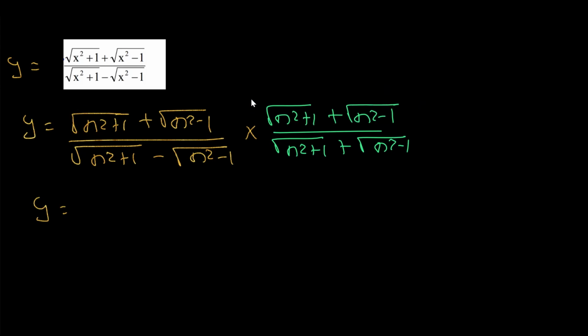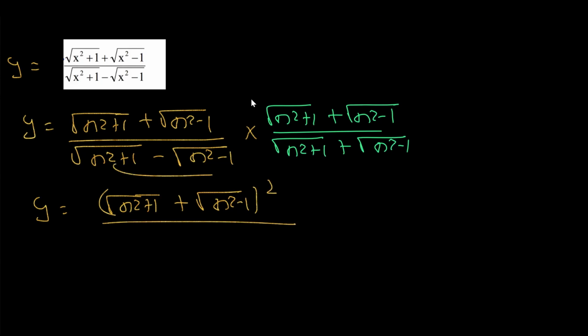So it can be written as a plus b whole square, that is x square plus 1 plus under root x square minus 1, the whole square. And below it's a plus b into a minus b, which is a square minus b square.